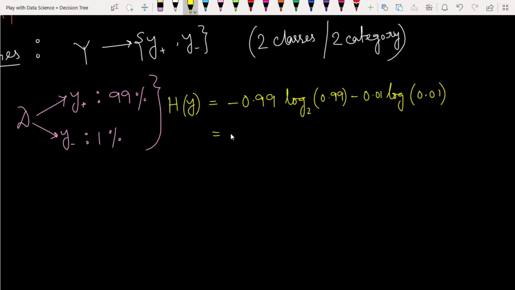If you calculate, this value will be approximately equal to 0.0801. Just calculate using the calculator, you can easily find it.